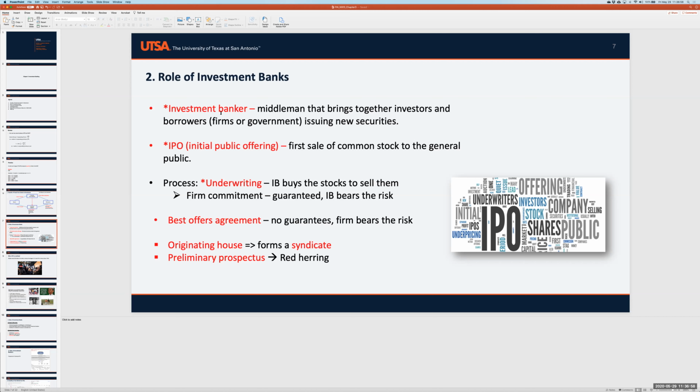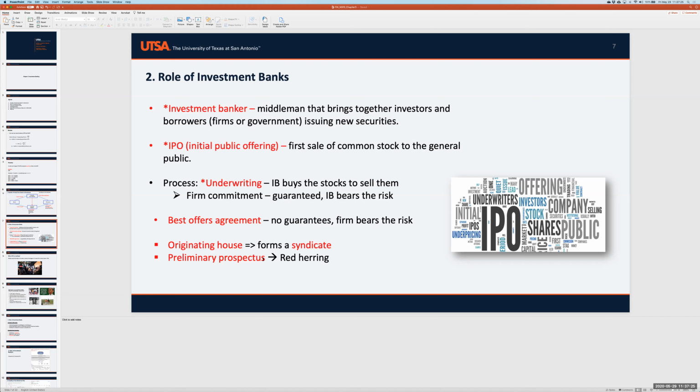Merrill Lynch has experience in many IPOs. They know the best channel to promote or market the stock, and they form a syndicate. So the originating house is the investment banker who forms the syndicate.